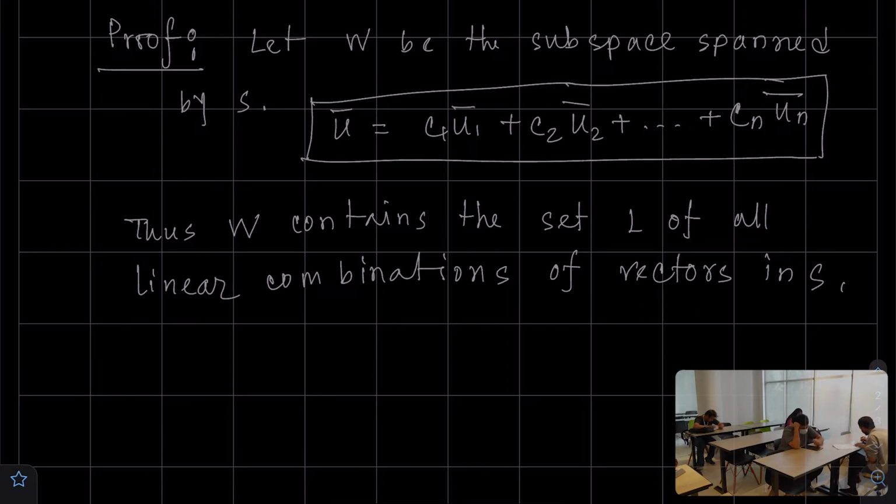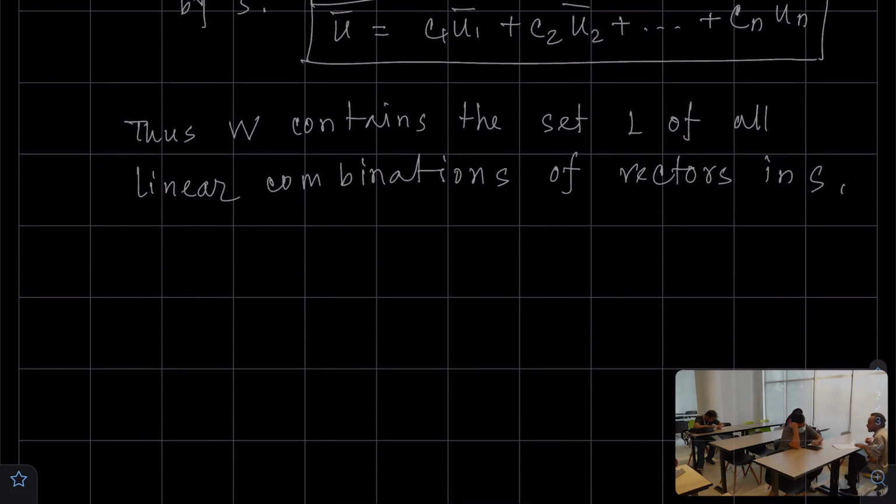So now I am considering this set L. And what is this set? This is the set of all possible linear combinations of the vectors in S.